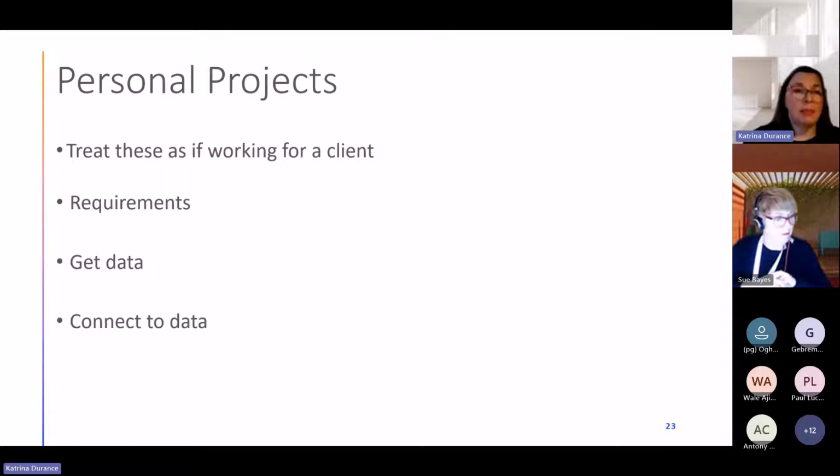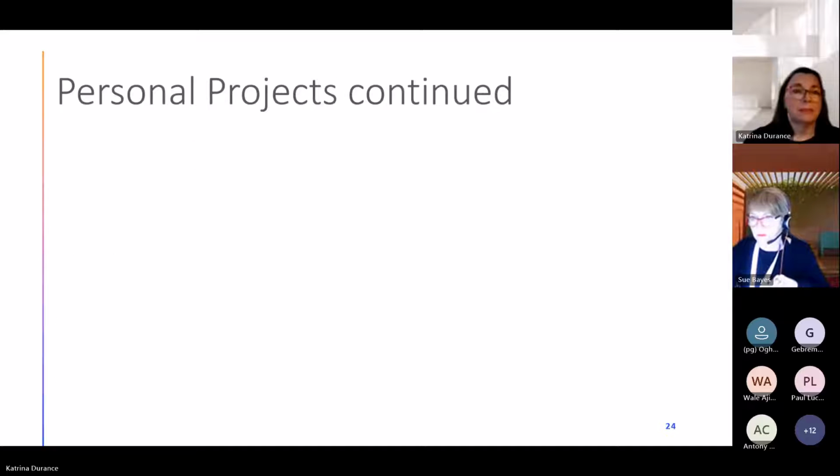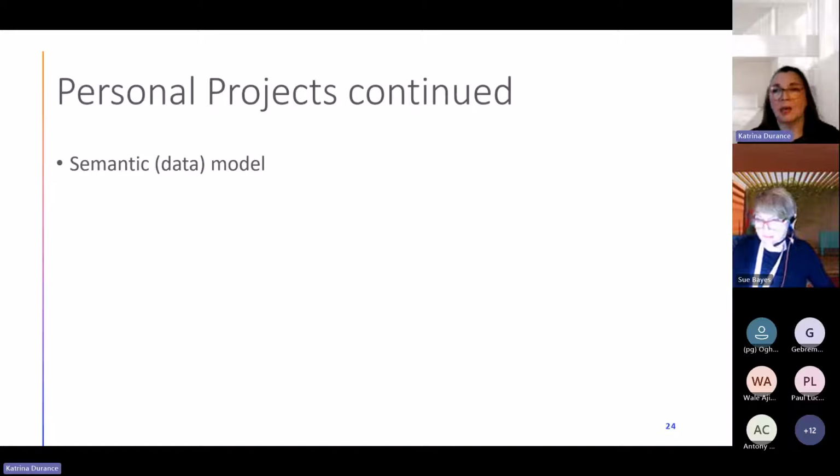Make sure Power BI is connected up to that data. Make sure you're using Power Query to clean and prepare that data. Create that data model, that semantic model, include those dimensions and fact tables, and try to get that star schema going.